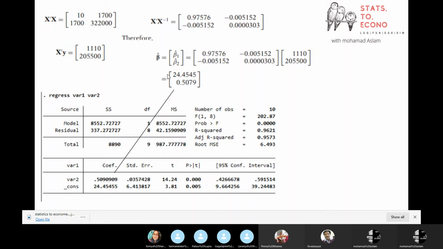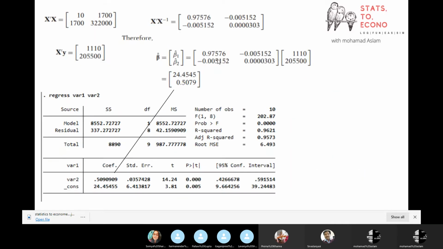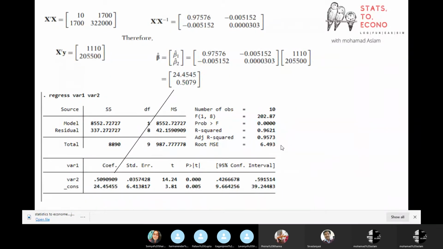Now these are the coefficients. Beta 1 hat is 24, the first part, that is the intercept, and the second is the slope coefficient 0.50. So if you go with this data, it will give you the same results. 0.50 slope coefficient, 24 is the intercept coefficient.